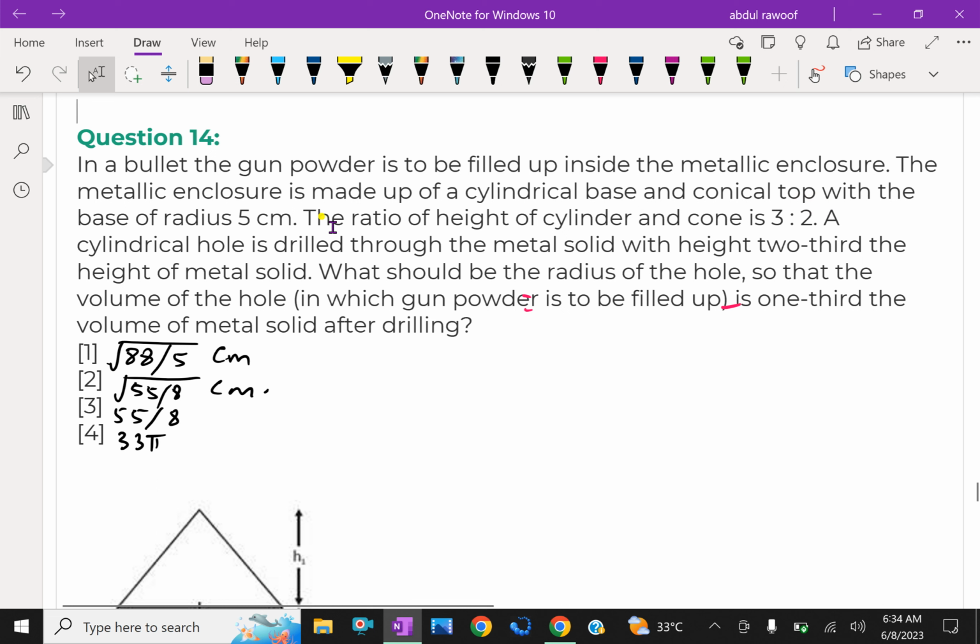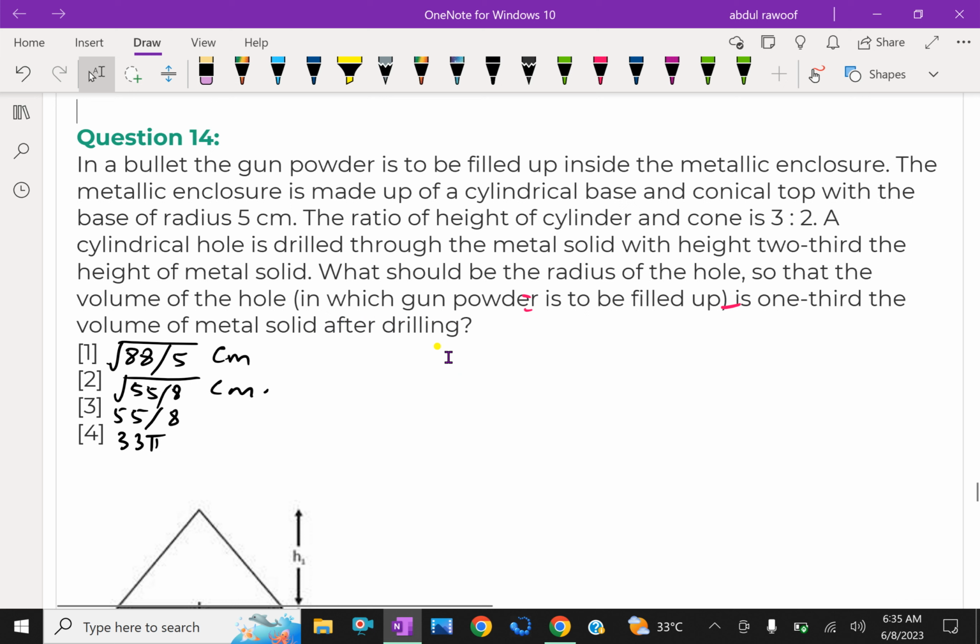The metallic enclosure is made up of a cylindrical base and a conical top with base radius 5 cm. The ratio of the height of the cylinder and cone is 3:2. A cylindrical hole is drilled through the metal solid with height 2/3 of the height of the metallic solid. What should be the radius of the hole so that the volume of the hole in which gunpowder is to be filled up is 1/3 of the volume of the metal after drilling.